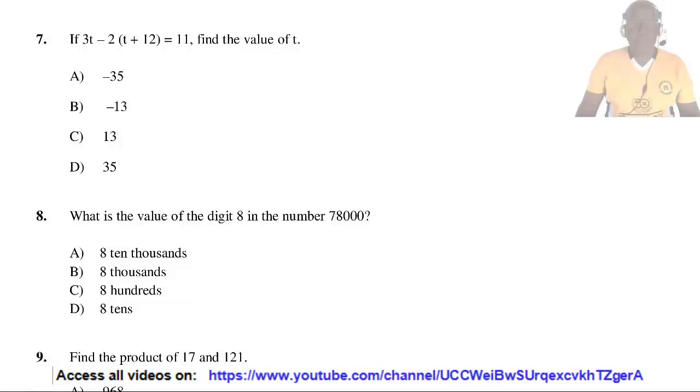Question 7. If 3t minus 2 times into brackets t plus 12 equals 11, find the value of t. That is 3t minus 2 times into brackets t plus 12 equal to 11. We shall multiply through the expression in the bracket by minus 2.